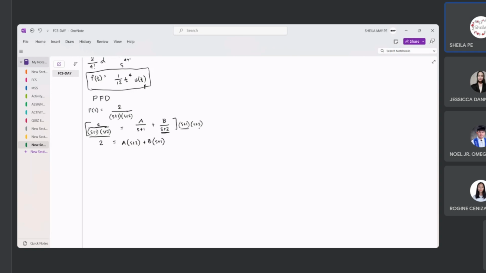So basically, class, the variable in the denominator, you just omit from what you multiply.